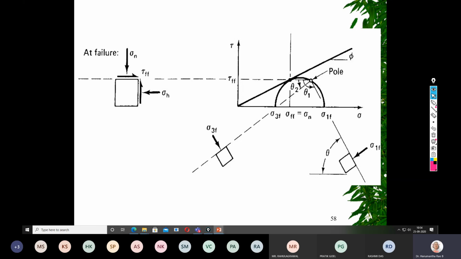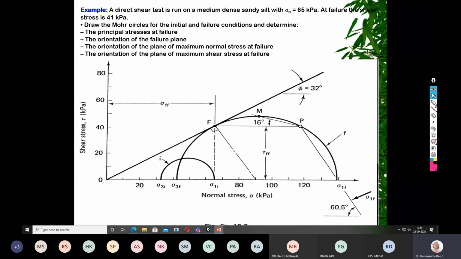I think we don't have time, so I will stop here only. There is another sum also.